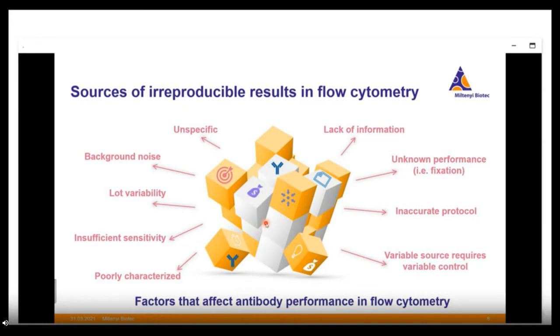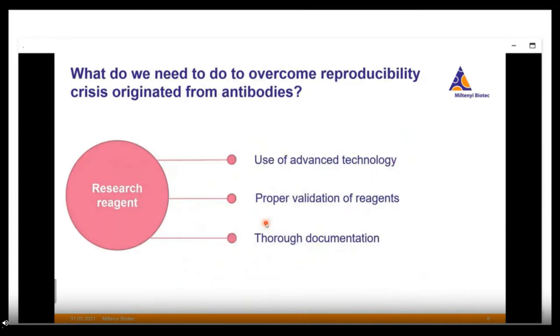So what can we do to overcome all these factors that affect the reproducibility crisis and that originate from antibodies? We believe there are three solutions. Use of advanced technology to create better reagents, proper validation of the reagents, and thorough documentation that can be followed by fellow researchers.